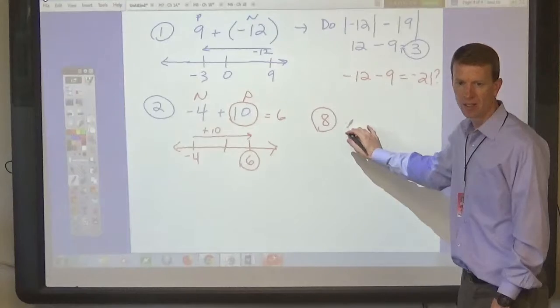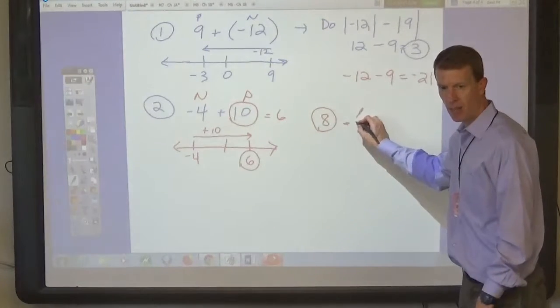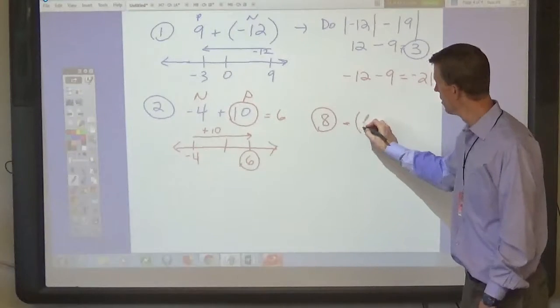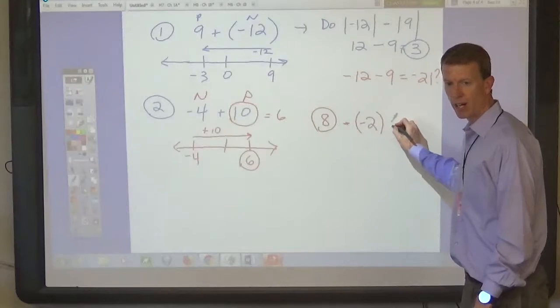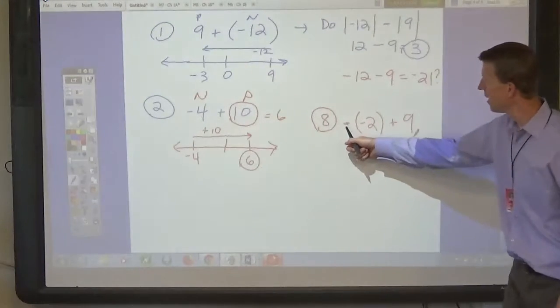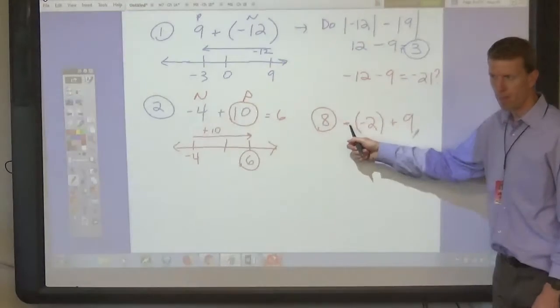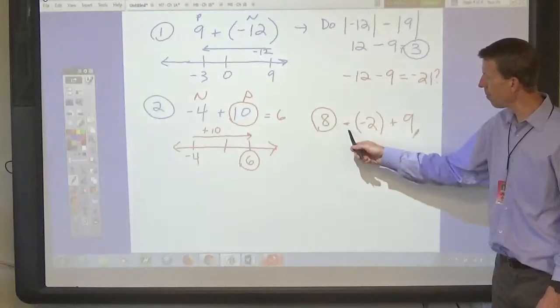What's the number? Negative, and then parentheses, negative 2. A minus negative 2 just makes it a positive 2. Then plus 9. A minus negative is just a positive. It's kind of like the opposite of negative.